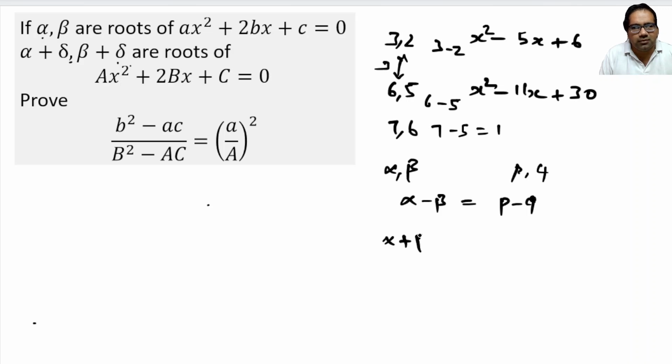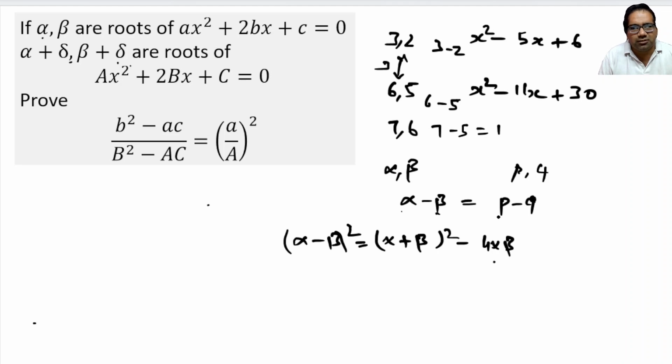Alpha plus beta whole square minus 4 alpha beta is equal to alpha minus beta whole square. We know this, right?